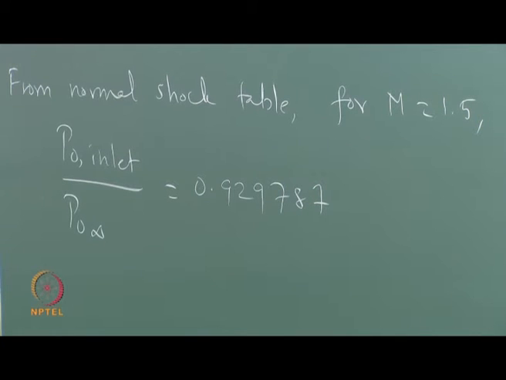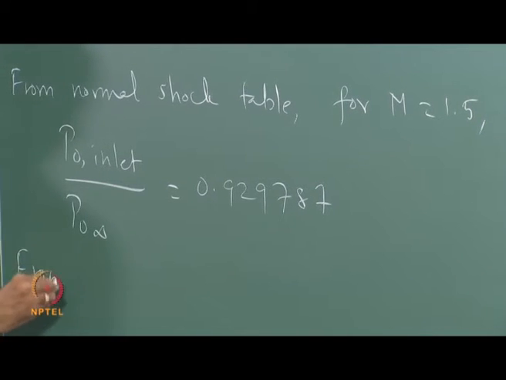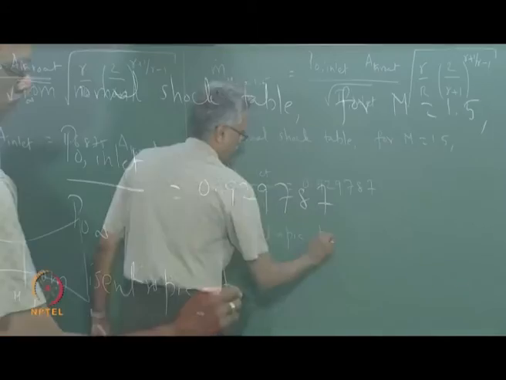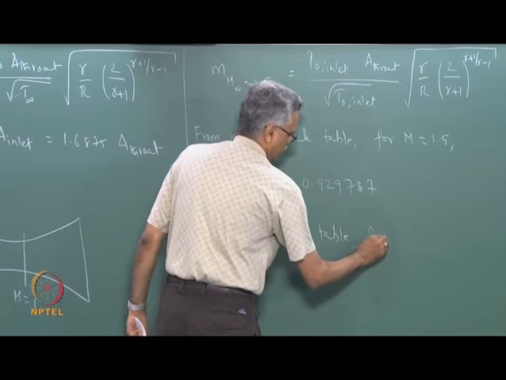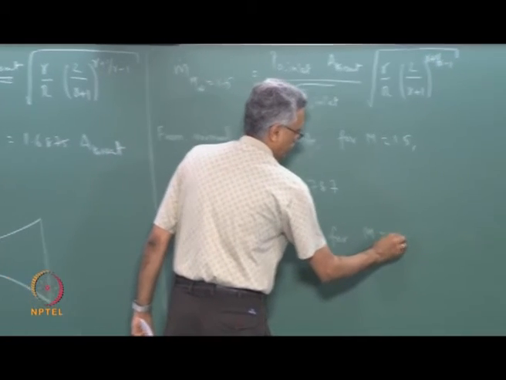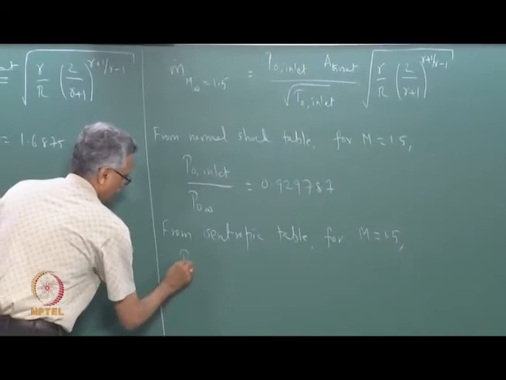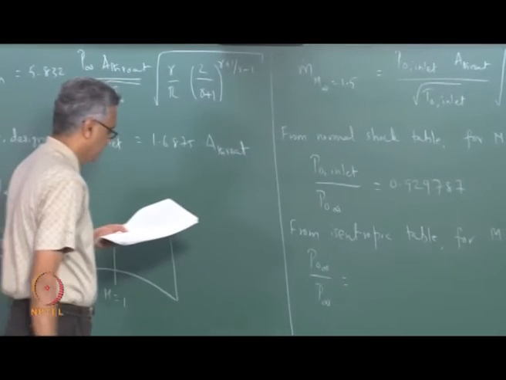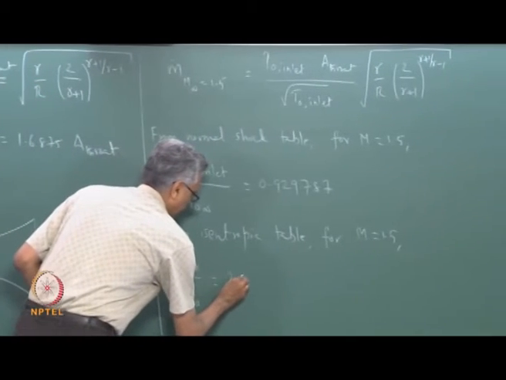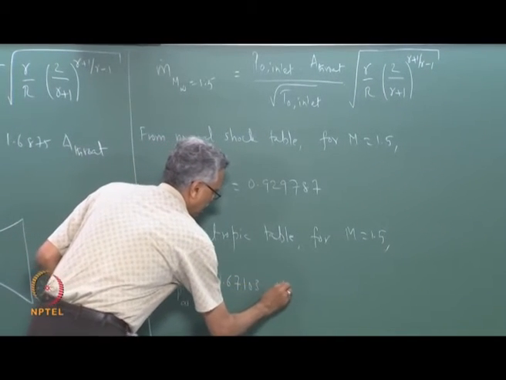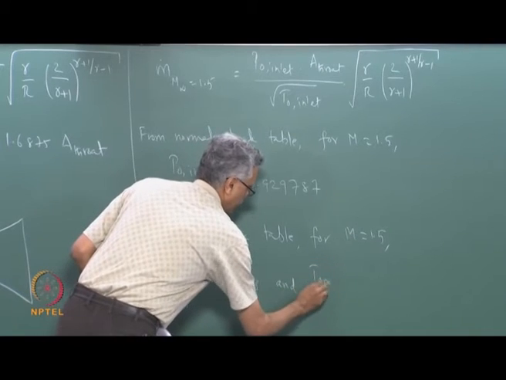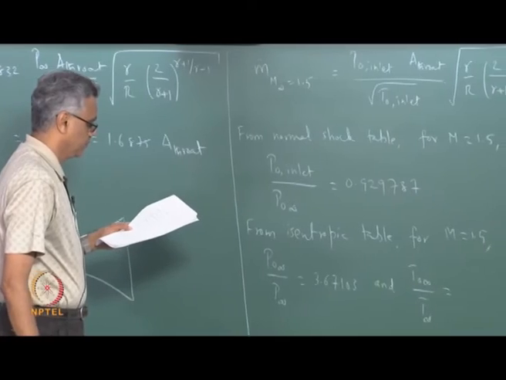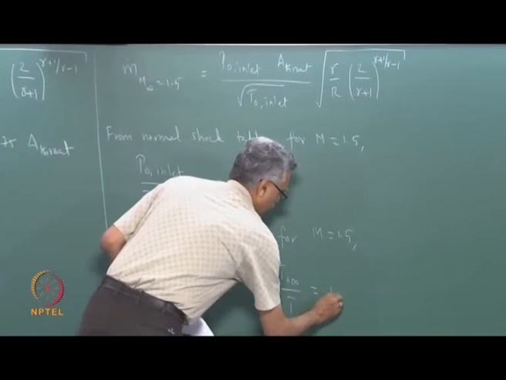Okay, and from the isentropic table, for M equal to 1.5, we have P0 infinity over P infinity equal to 3.67103 and T0 infinity over T infinity equal to 1.45.